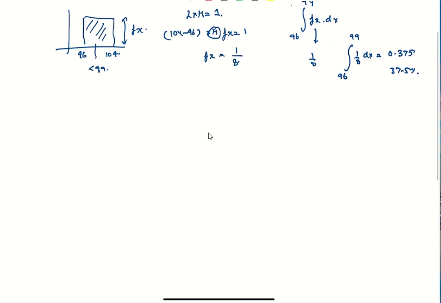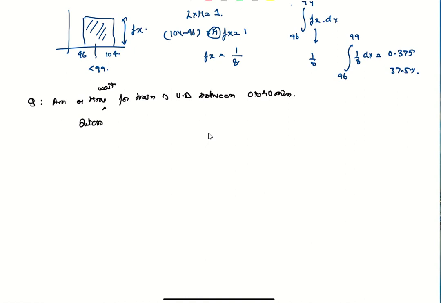Next question is, the amount of time a person has to wait for a train is uniformly distributed between 0 to 40 minutes.